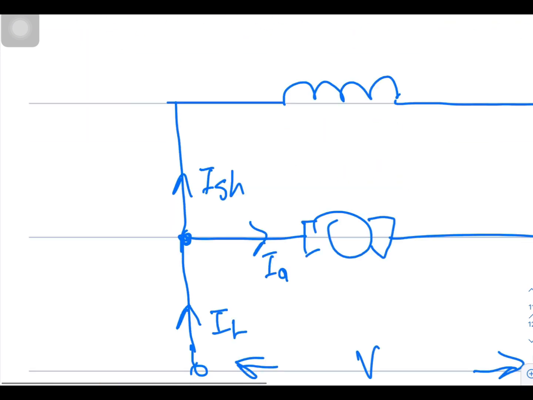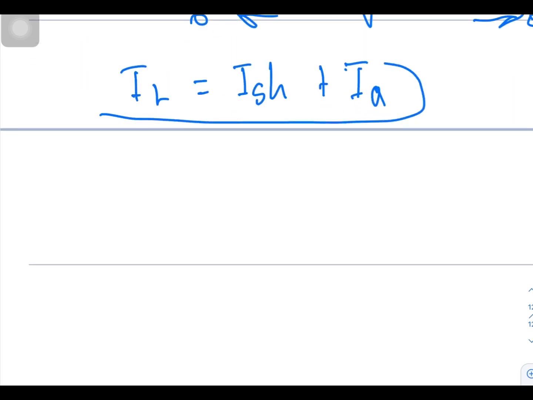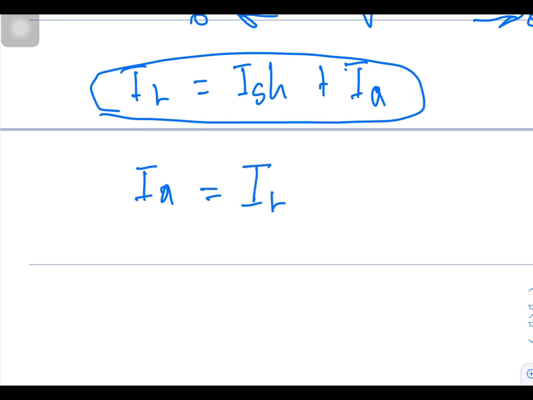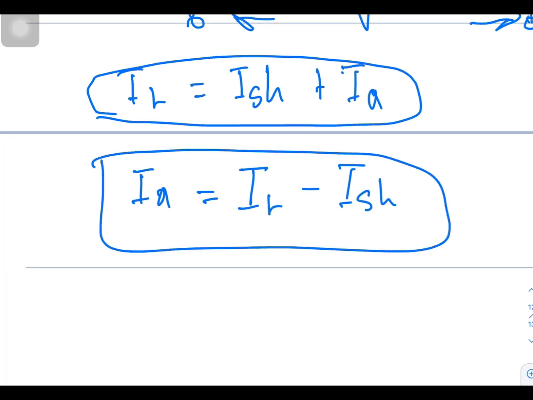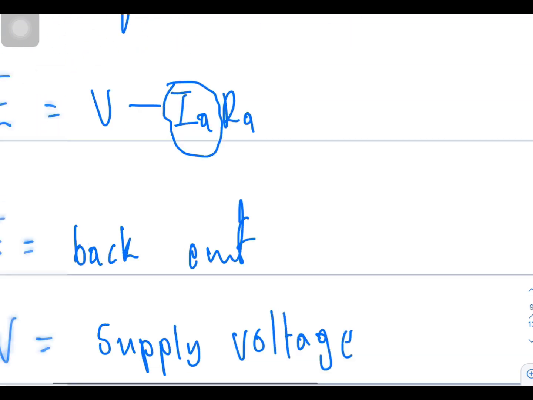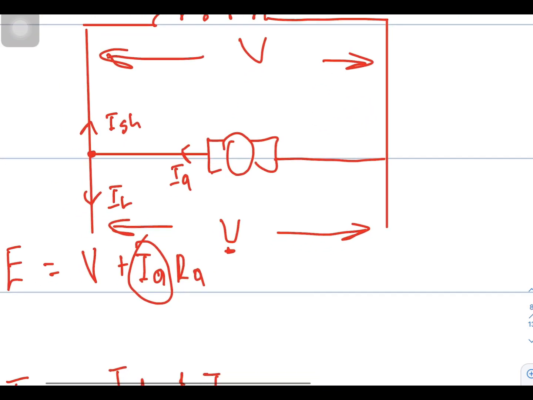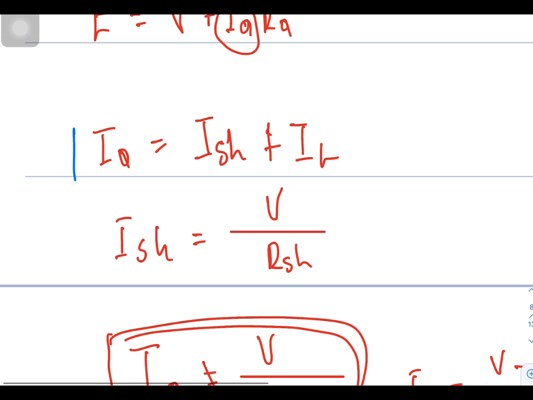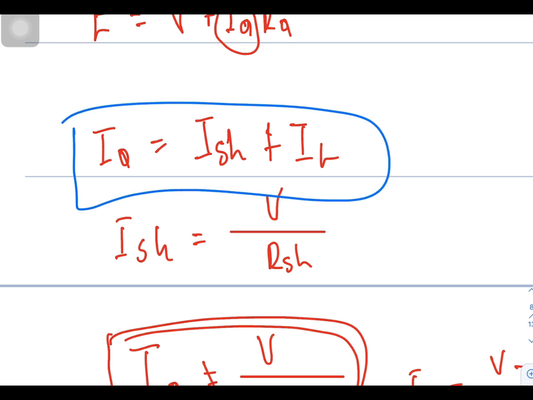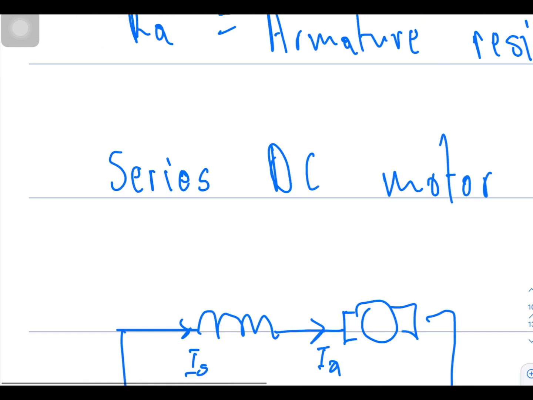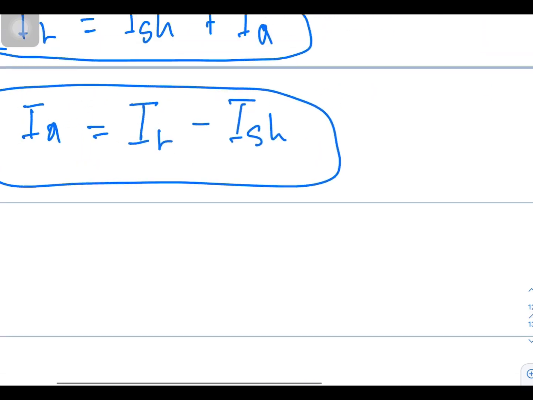Hence if I take this formula and make I armature the subject, I find that I armature is equals to I load minus I shunt. Notice the difference: the I armature of a generator is added, but the I armature of a motor is different.